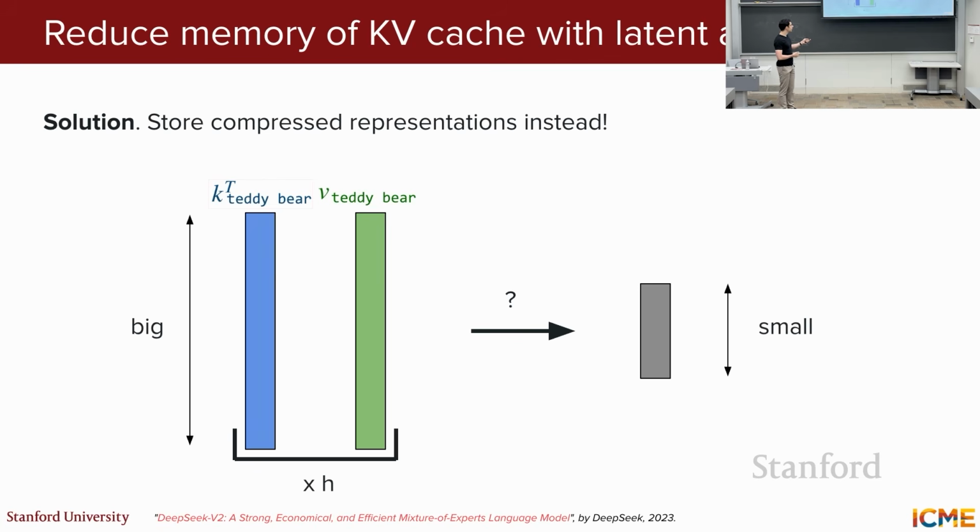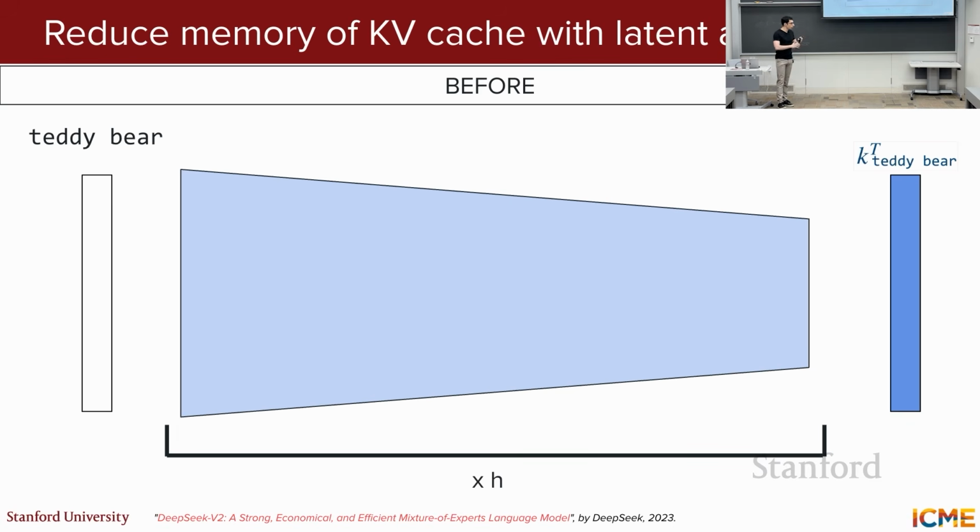This is a topic that DeepSeek has tried to tackle in a concept called, I think it was called, multi-latent attention. Let's look at the vanilla case. If you are in multi-head attention, then for a given representation of a token, you have H projection matrices that turn it into a key. Does everyone agree with that?